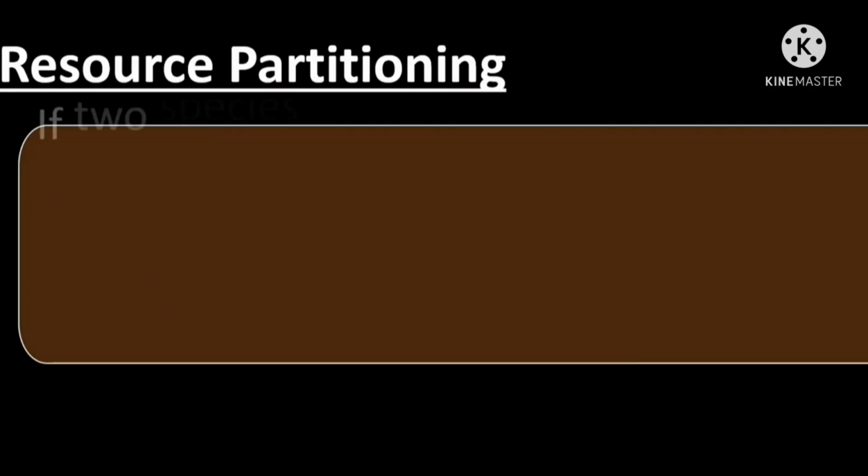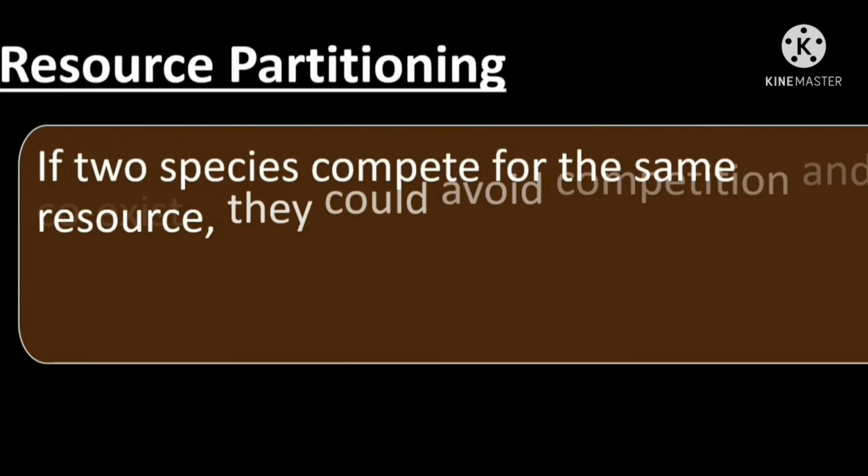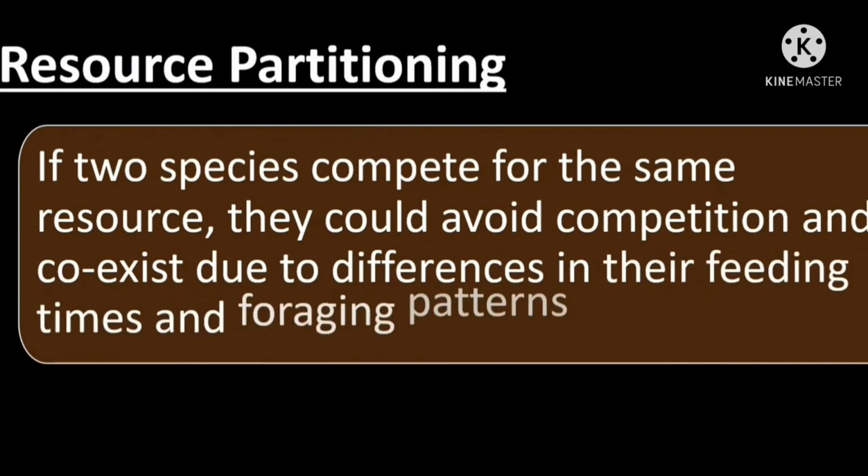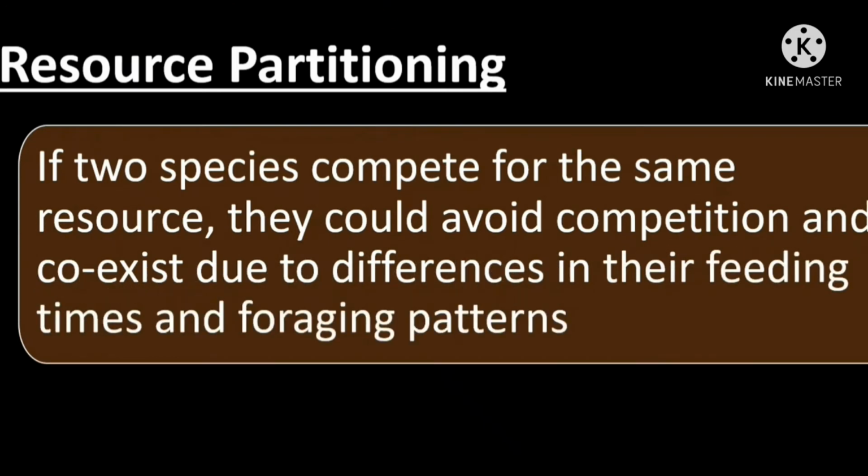This is called resource partitioning. So if two species compete for the same resource, they could avoid the competition and coexist due to differences in their feeding times and foraging patterns.